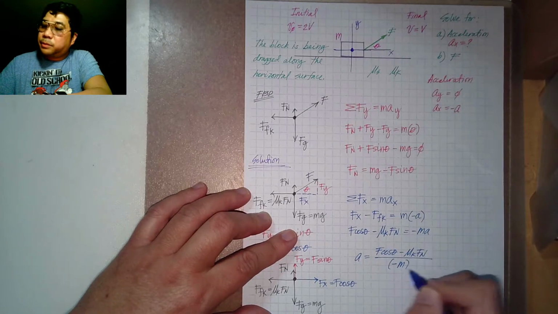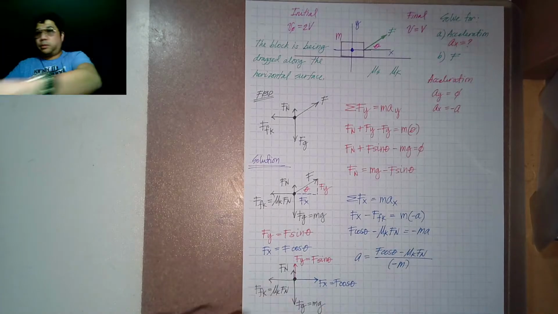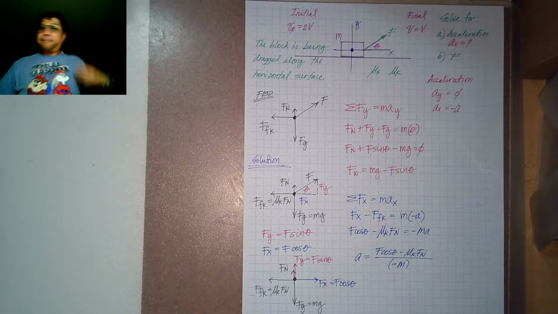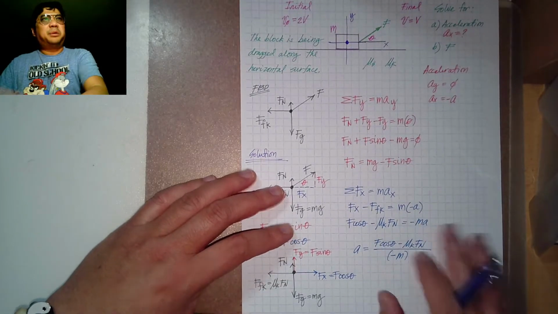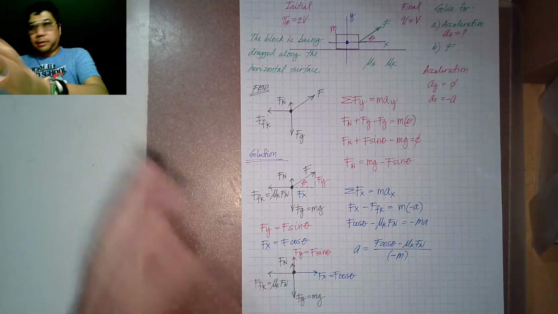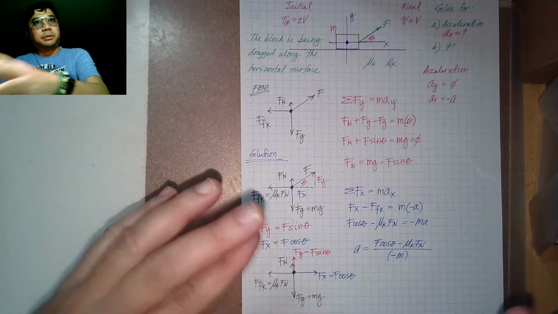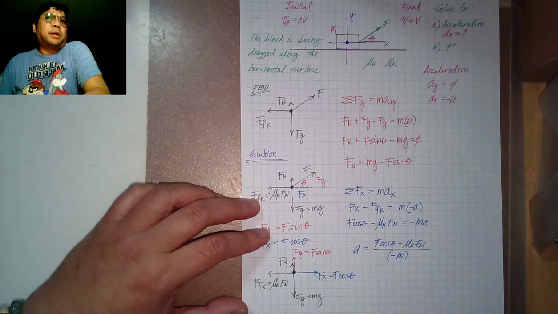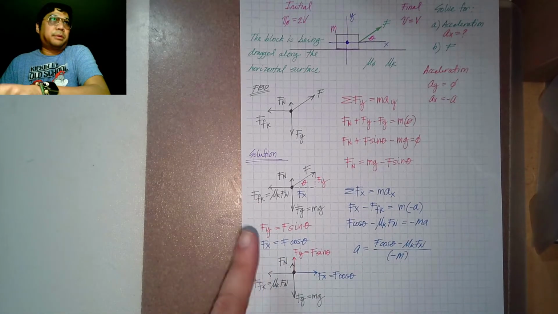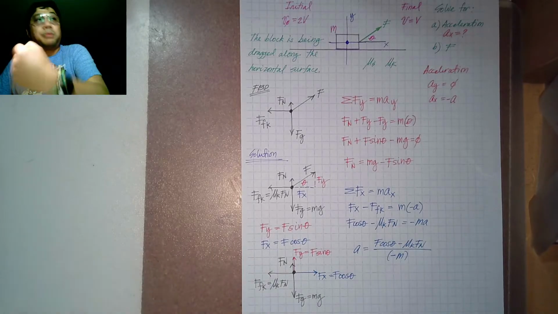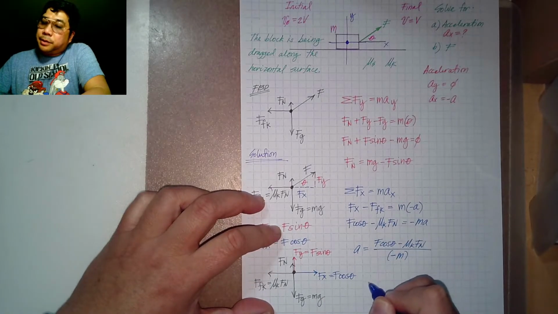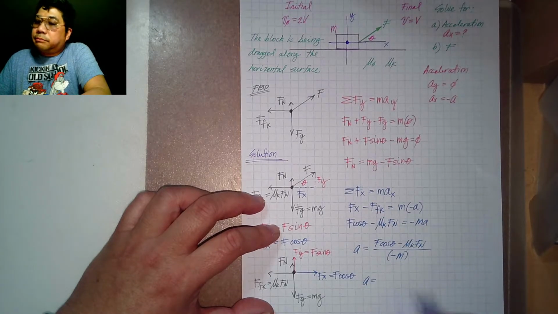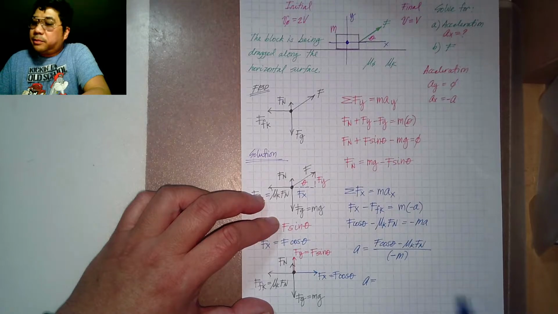Why don't we just put parentheses, so we don't forget that it's negative. Usually I don't use the parentheses if I don't have to, but when there are multiple variables, it's sometimes easier to remember that you have a negative value if you put parentheses, so that you remember. So a, or the acceleration, will give us a negative value, by the way.